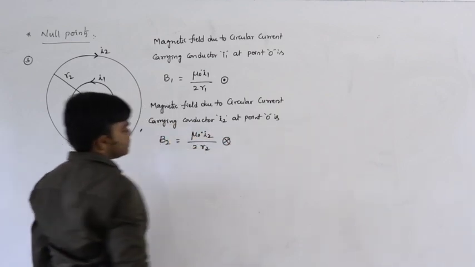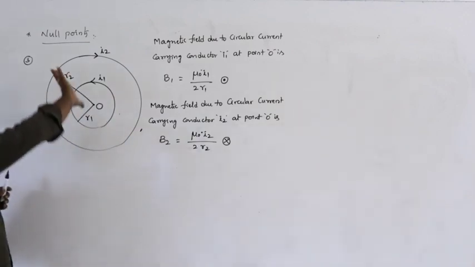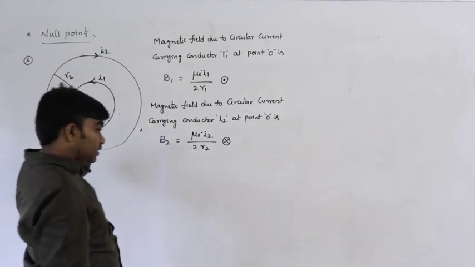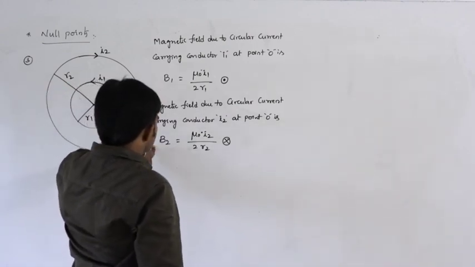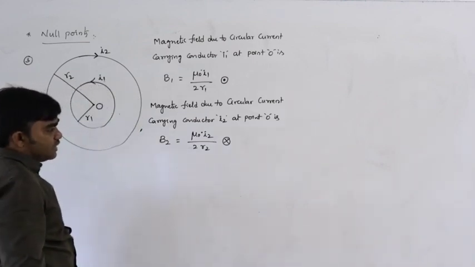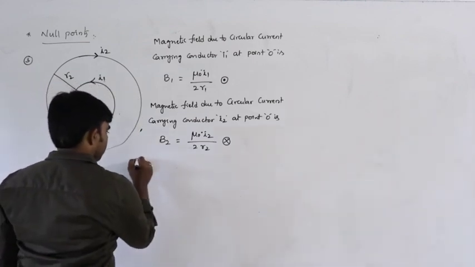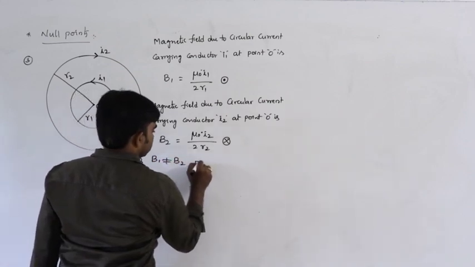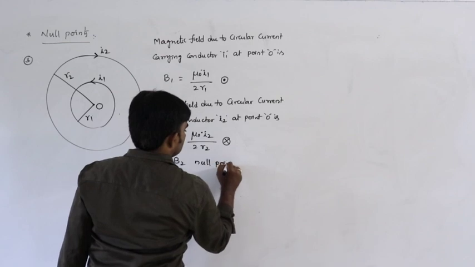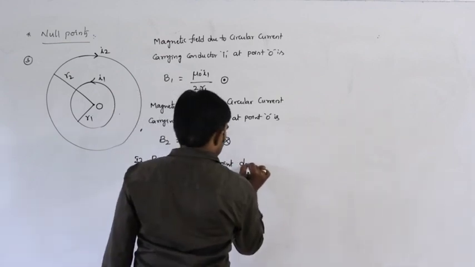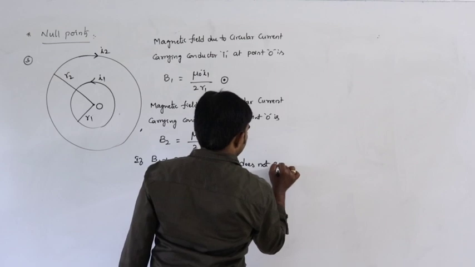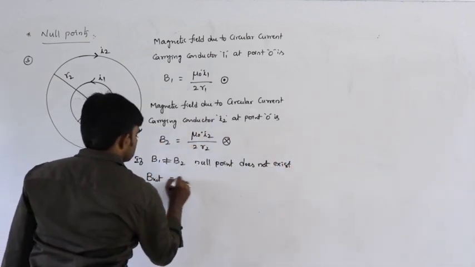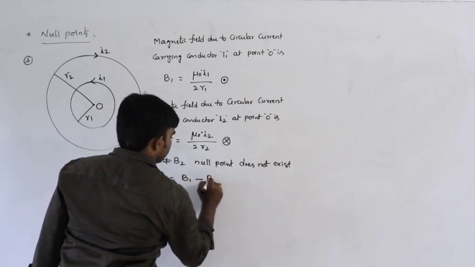This is inwards. See here, the direction of the current is inwards, B2. If B1 is equal to B2, both the magnetic fields are the same. If B1 is not equal to B2, then null point does not exist. So therefore, net magnetic field can be written as B1 minus B2.